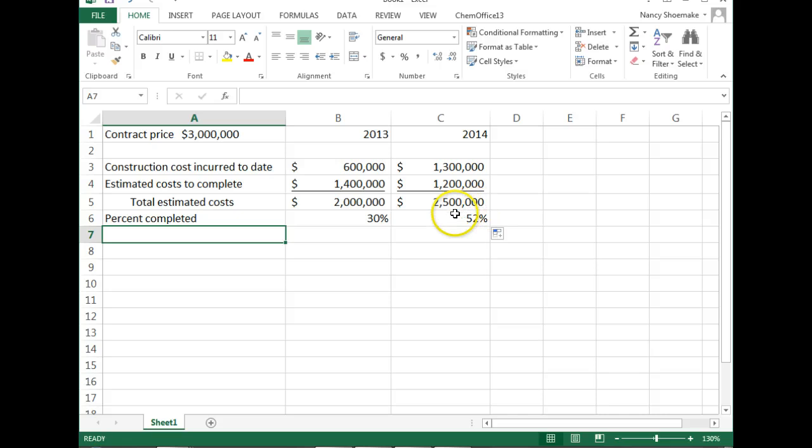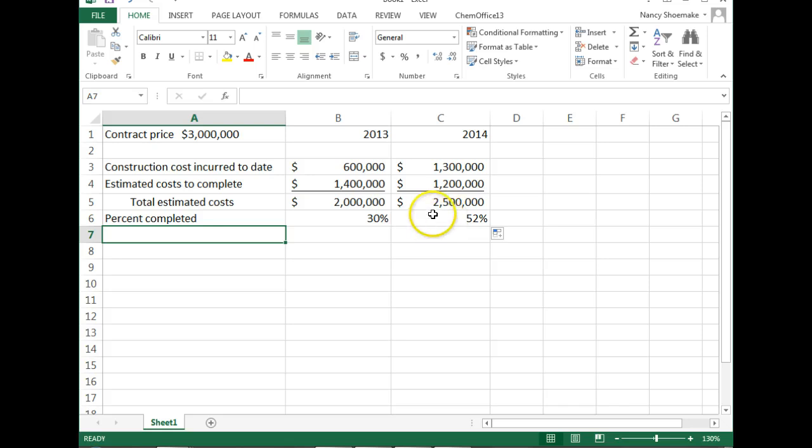So we've now completed 52% of the whole deal. See how we're keeping it revised each year? The first year we thought we completed 30%. In the next year we've completed 52%.